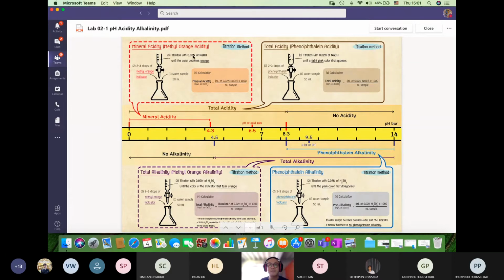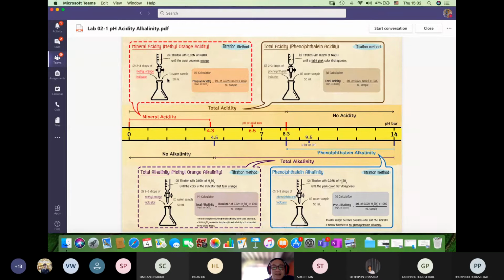If you want to measure the mineral acidity or total acidity, you have to titrate against a base, and the base that we use is 0.02 N NaOH. For acidity, we use NaOH, for both total acidity and mineral acidity.